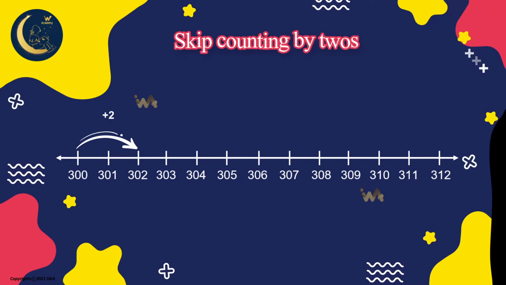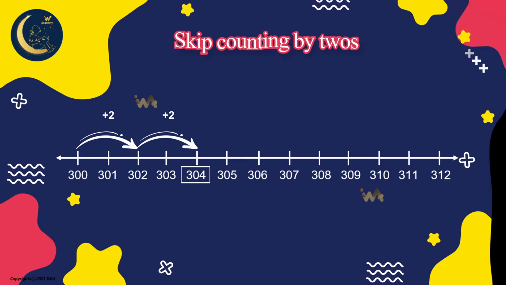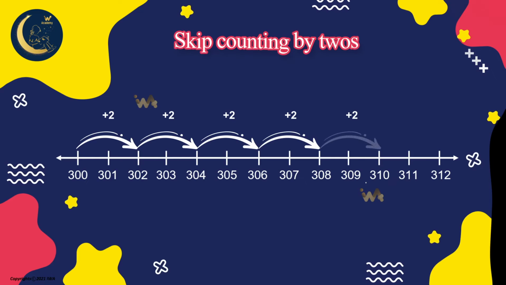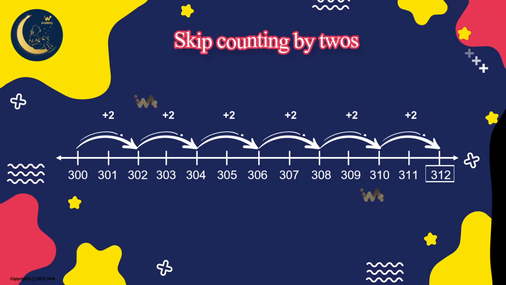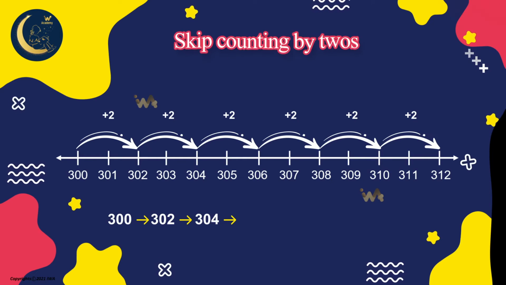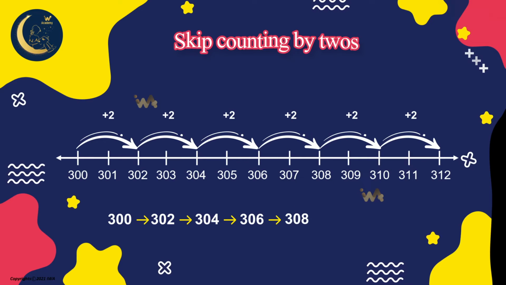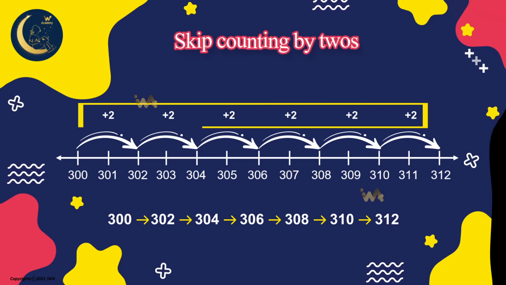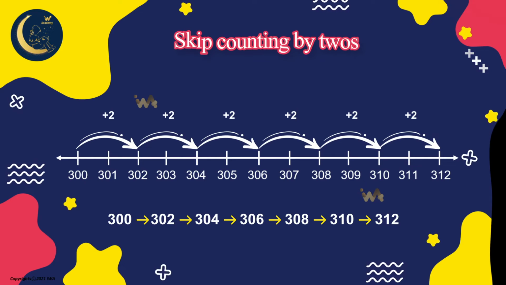Let's go on counting in 2's. 304, 306, 308, 310, and 312. Now, let's write the numbers here. 302, 304, 306, 308, 310, and 312. Have you noticed that every time we add the number 2 to get to the next one? Well done, you guys are awesome.